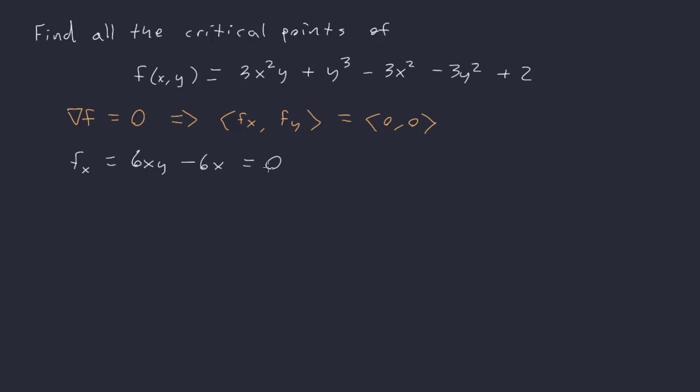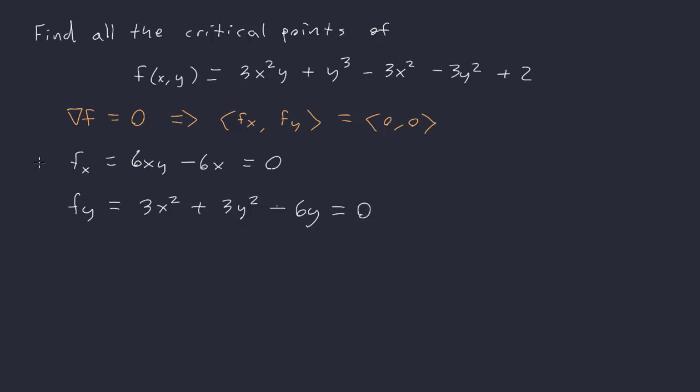I'm going to set that equal to 0. And our f sub y, we're going to get 3x squared plus 3y squared. This will go away, and then we'll get minus 6y, and the plus 2 will go away. We're going to set that equal to 0.